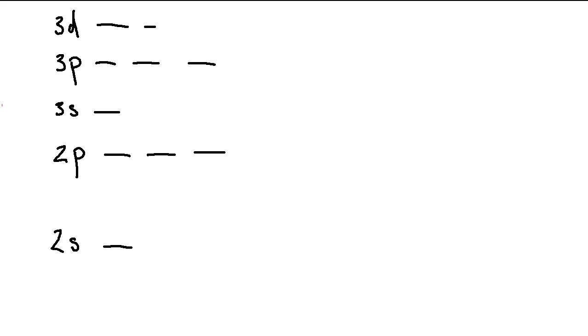And then I have 3s here, and then I have 3p. And then technically, I'm not going to show it here, but you do fill up 4s before you deal with 3d. Okay, but I'm just going to put 3d there for right now. So you've got your s, you've got your p, and you've got your d's, right? And for the sake of it, we can also put in 1s down here.